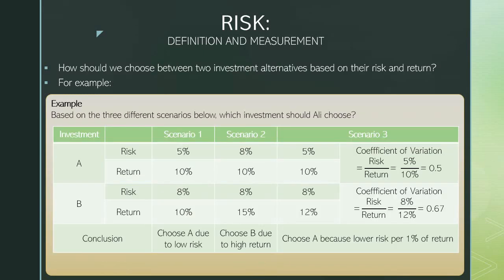Alright, now we're going to see how we should choose between two investment alternatives based on their risk and returns. These are the three scenarios that might happen.